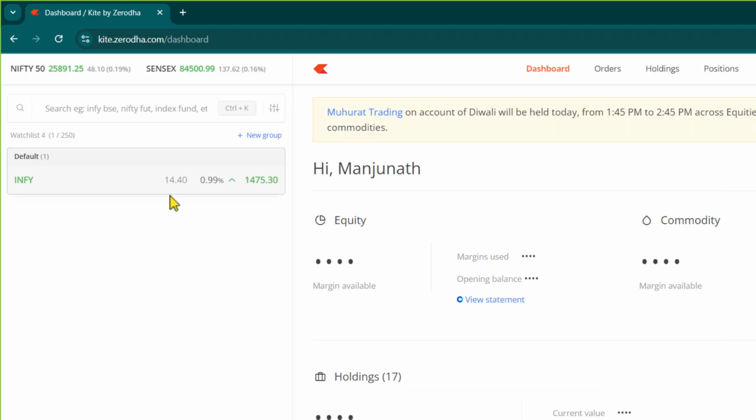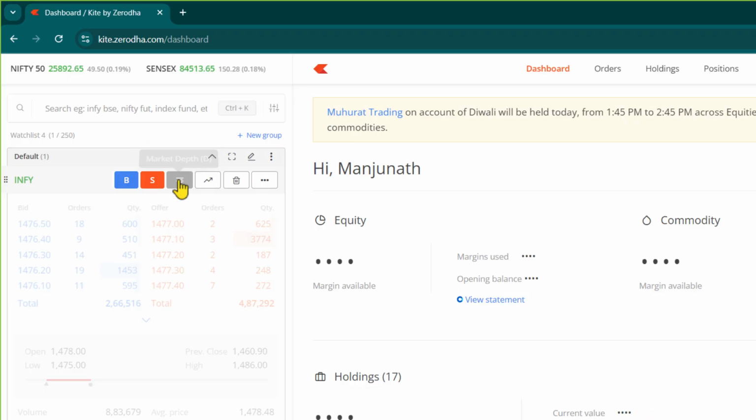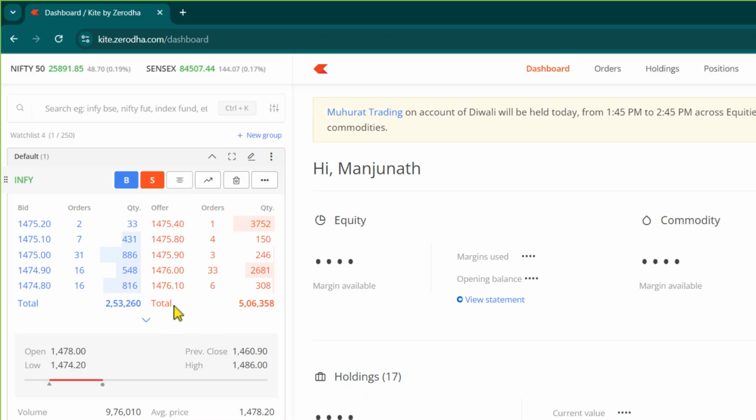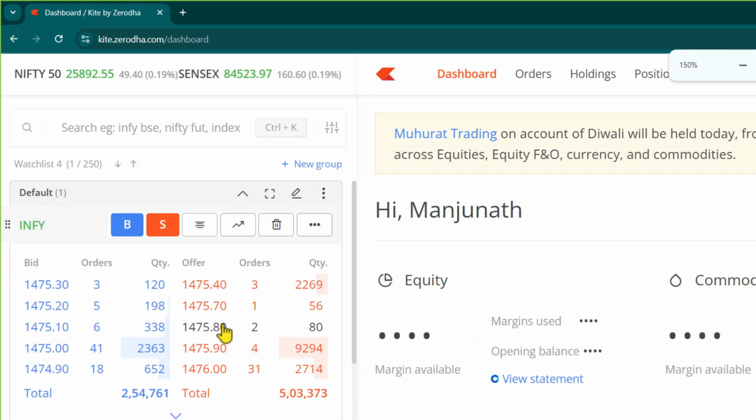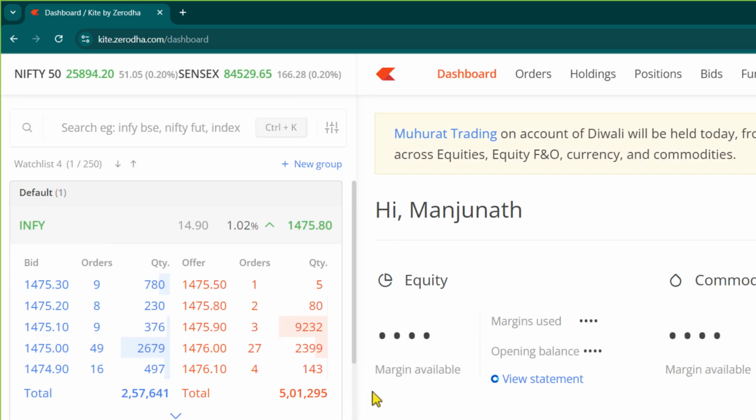Next, here we have something called as market depth. Let me click on this. And you can see I have a table here with a lot of numbers. I will zoom this a bit. And now I will take a screenshot of this and explain this to you in detail.